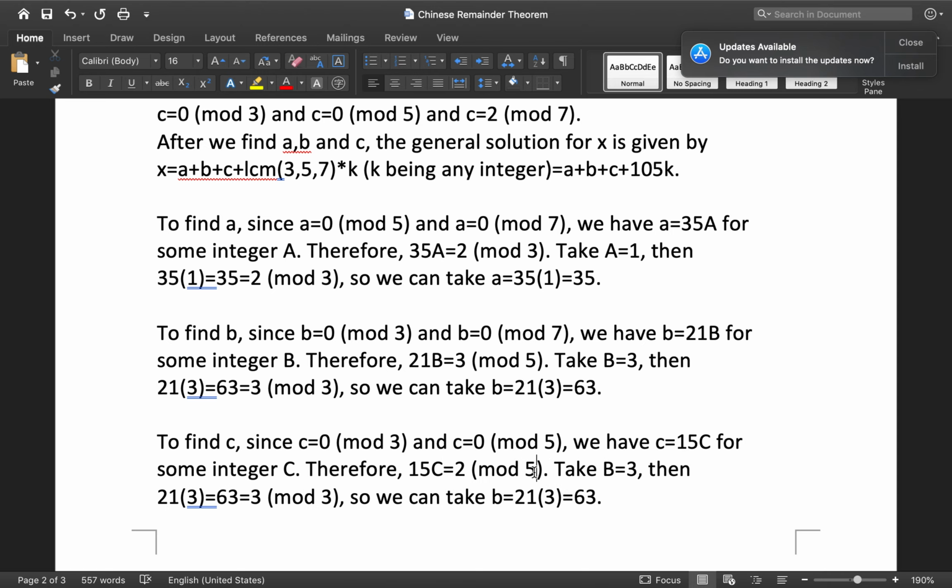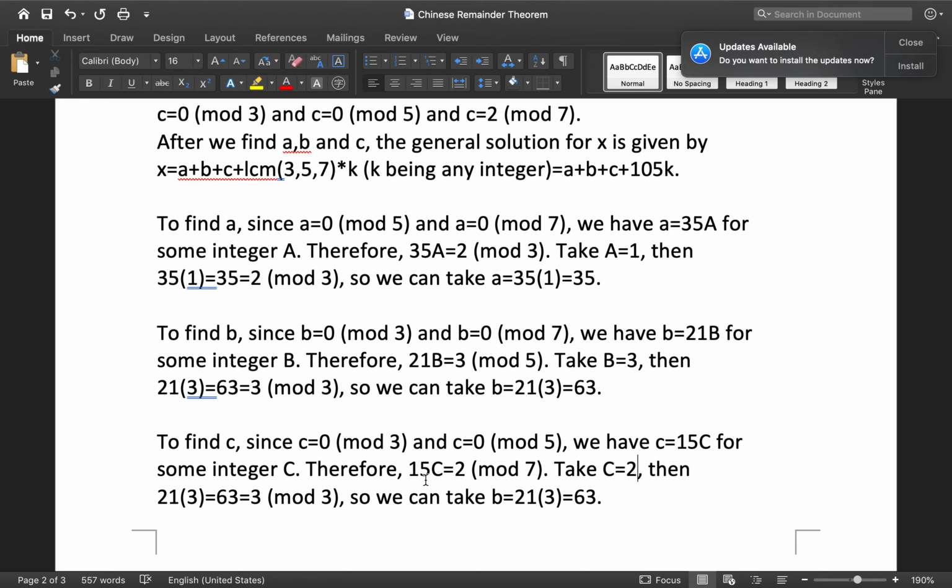So we got it. Now you just have to solve this equation, and you can again try and error. Usually you just try some small numbers and see if it works or not. For example, if you take capital letter C to be 2, then the left hand side here gives you 30.